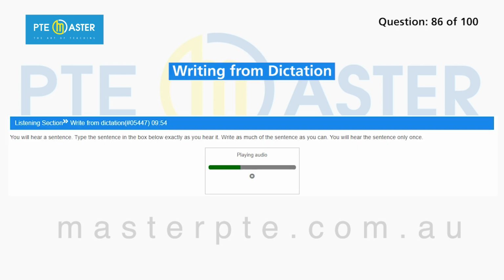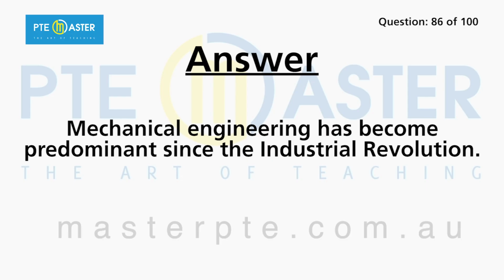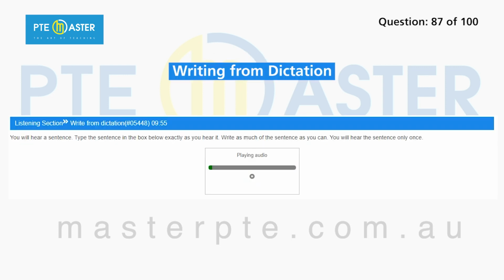Mechanical engineering has become predominant since the Industrial Revolution. Scientists were unsure when the early man left Africa.